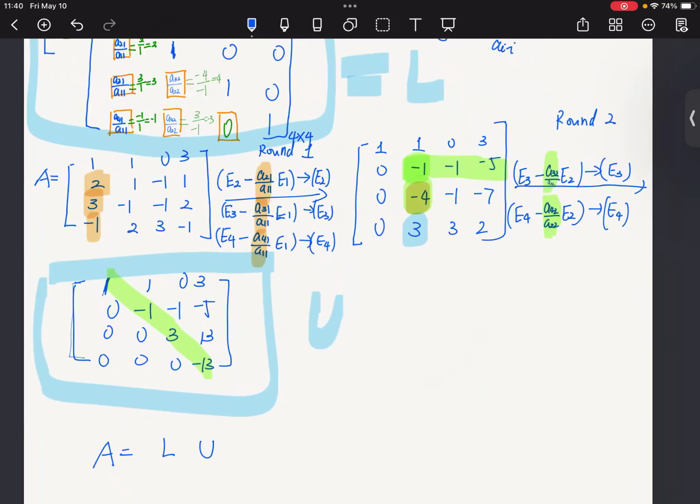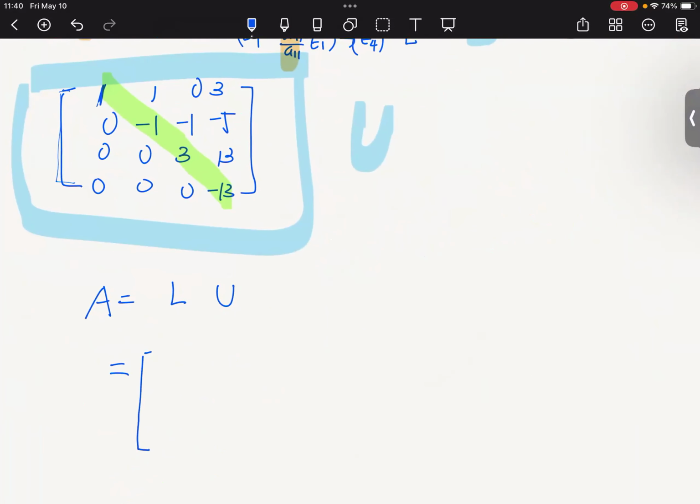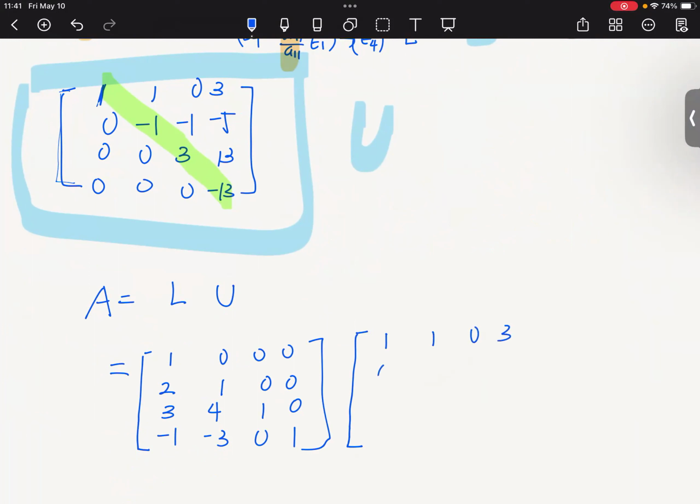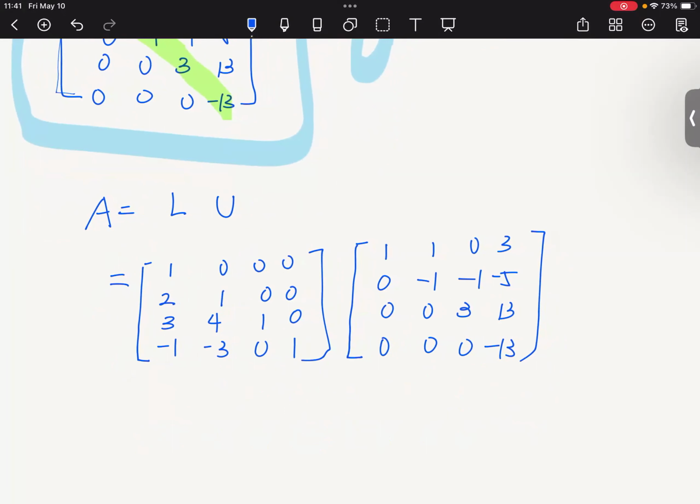L is just 1 0 0 0, then 2 1 0 0, 3 4 1 0, and -1 -3 0 1 here. And then my U matrix is the upper triangular matrix I get from the Gaussian elimination procedure. And that's the one I get: zero, zero, zero, -13. And this is what we have here.